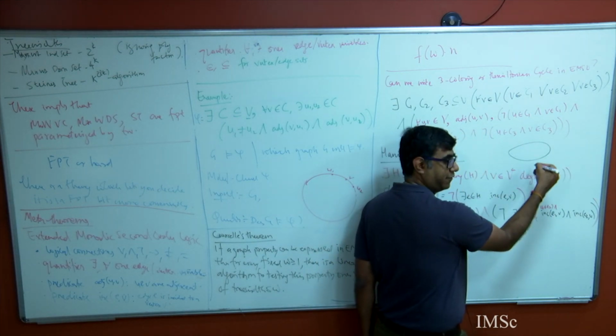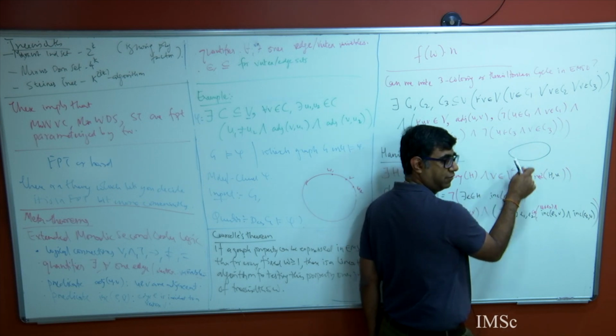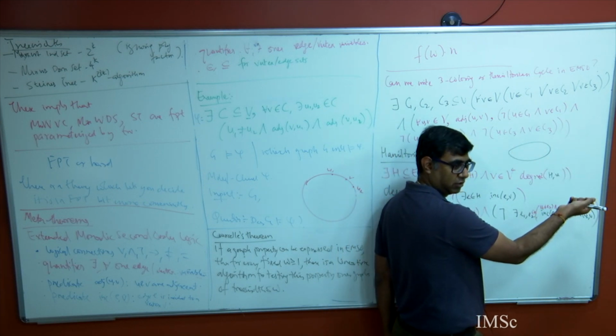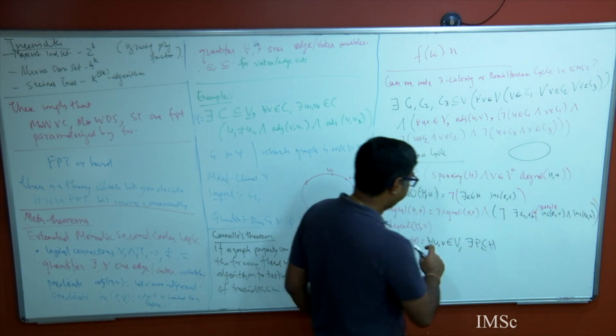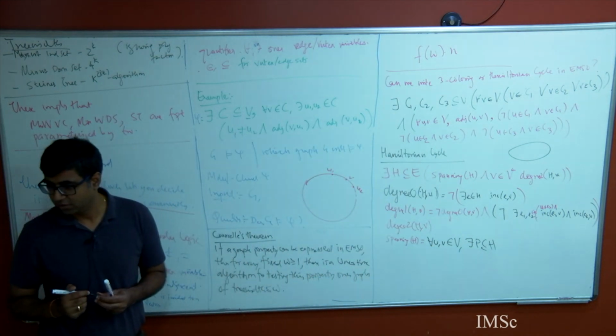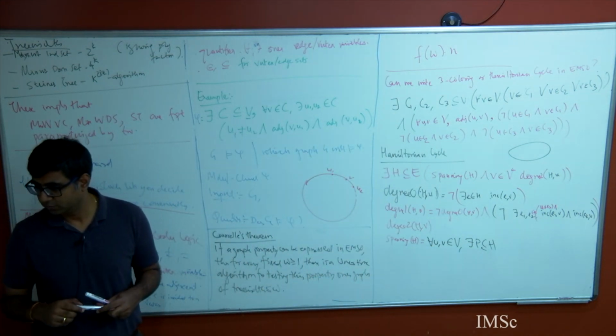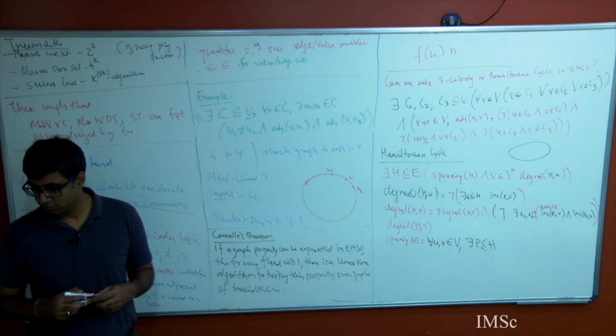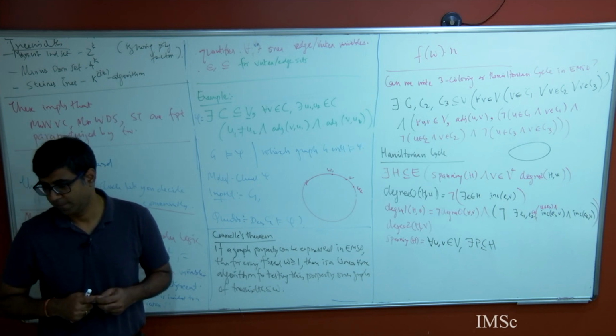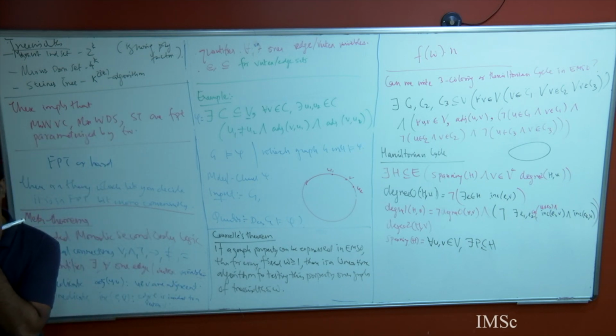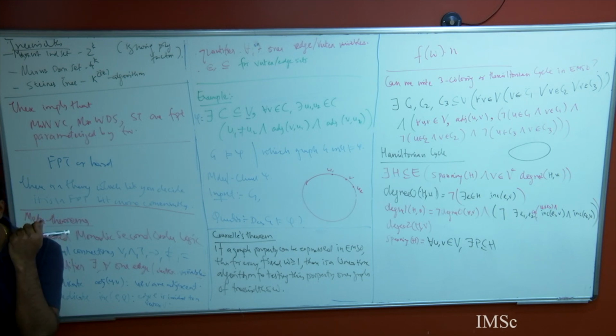I can orient it in a way such that I can assign to every vertex an edge. So for every U, V in V, there exists P subset of H. What should I write for all?